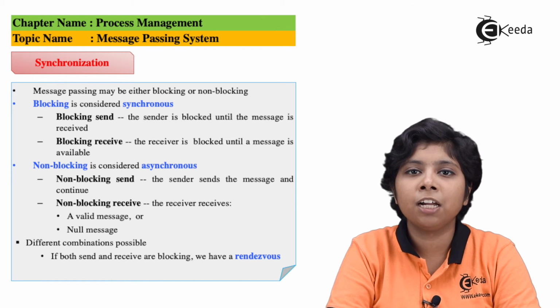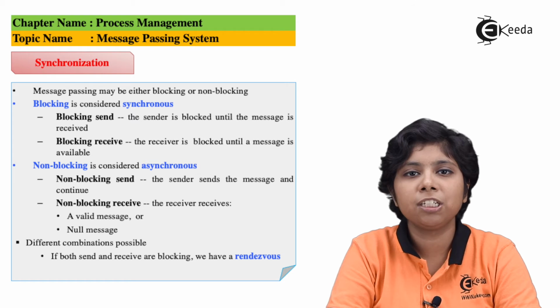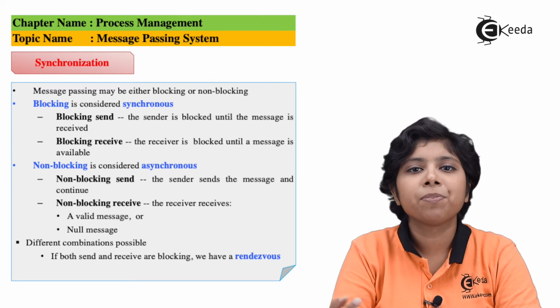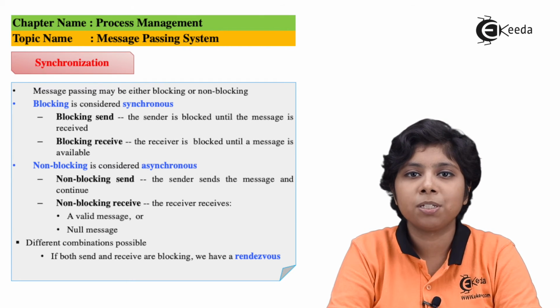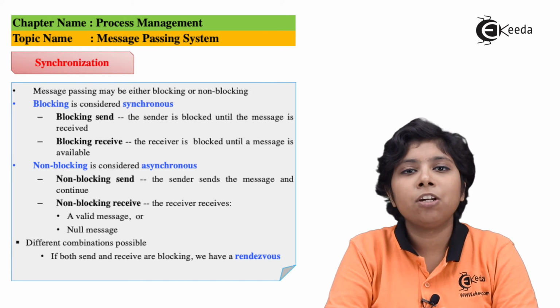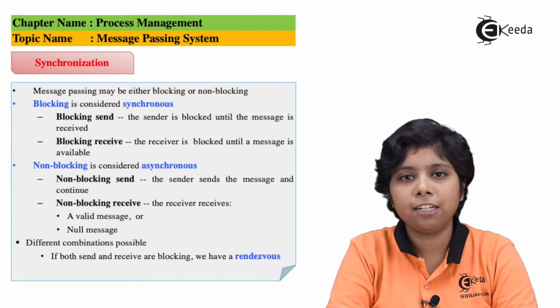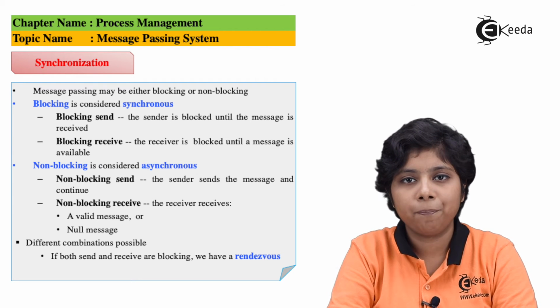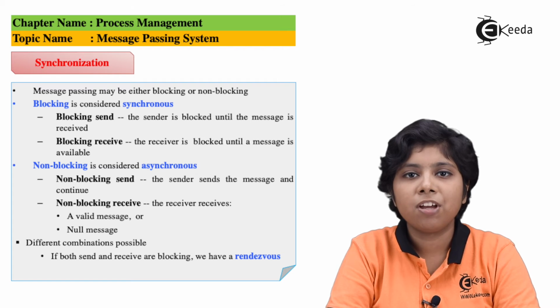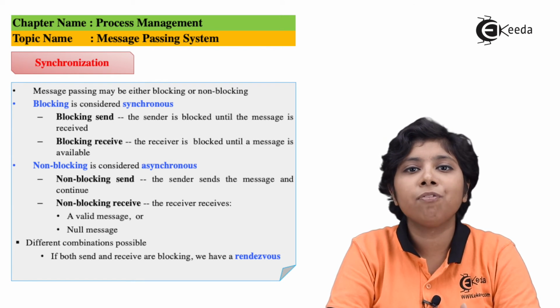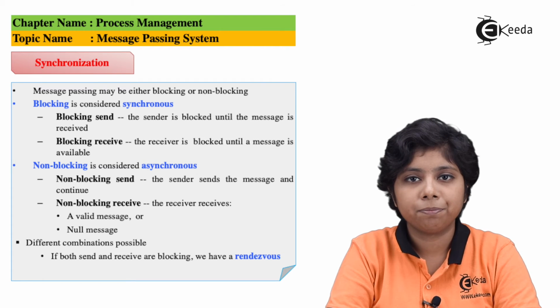The receiver then unblocks and receives the message from the mailbox, or in direct communication, the message is received directly from the sender. In a non-blocking or asynchronous send, the sender can send the messages and resume its operation without any concern. And in a non-blocking receive, a receiver can receive messages from the mailbox or even receive null.